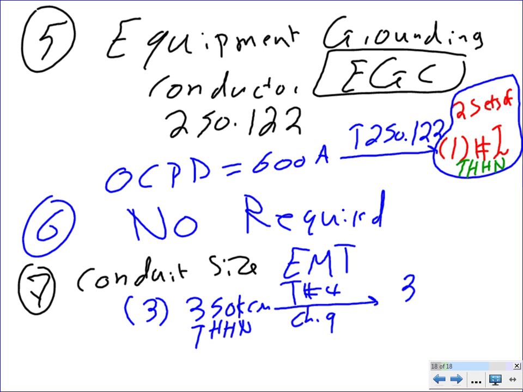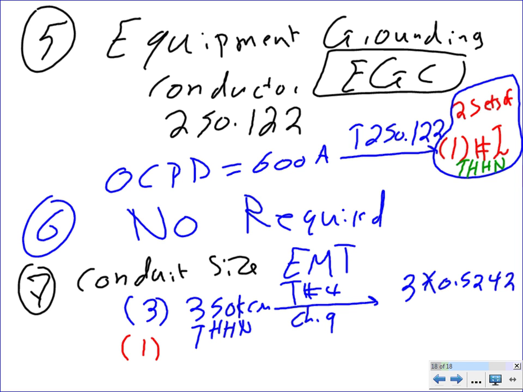So I have 3 times 0.5242. Anybody come up with something different? Insulation, 0.5242. Thank you.